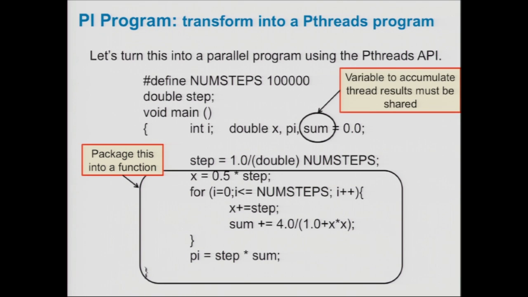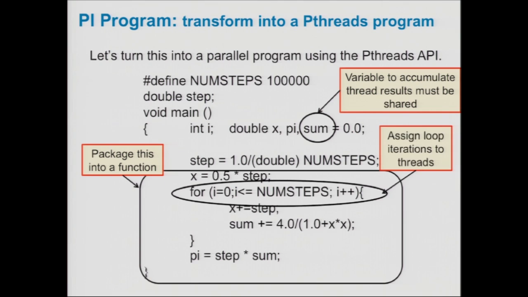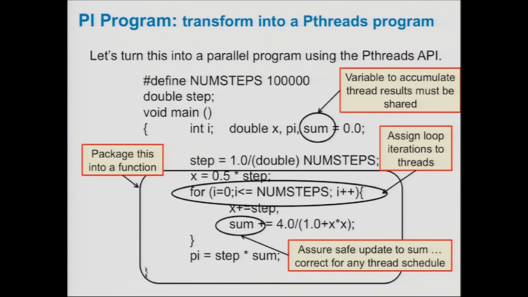But we have to make sure that this sum is shared so that as we increment the sum in each of the threads we're going to create, we get the value incremented with all of the additions. And then we just need to give some of these loop iterations to each of the threads we create. And one last thing is we need to make sure that we update sum safely, because if we update it with a race condition, the result could be undefined.